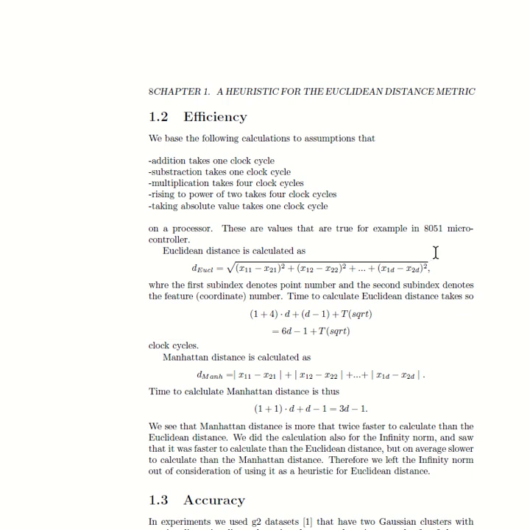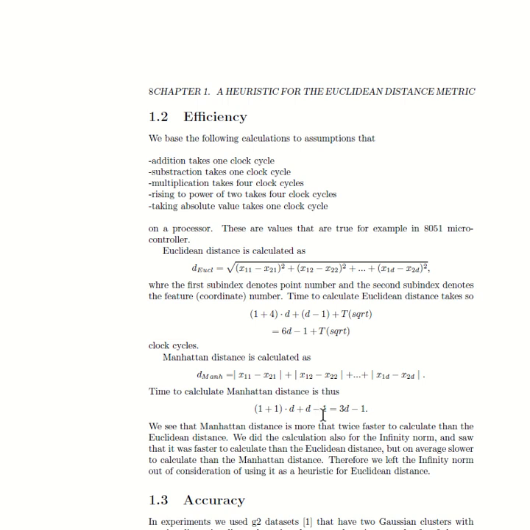And the Euclidean distance is a normal distance what is normally used. And here we see that calculating Euclidean distance takes about 6 times dimensionality, and Manhattan distance takes about 3 times this dimensionality.